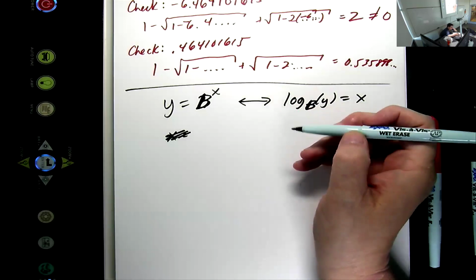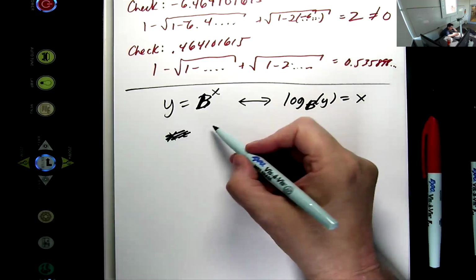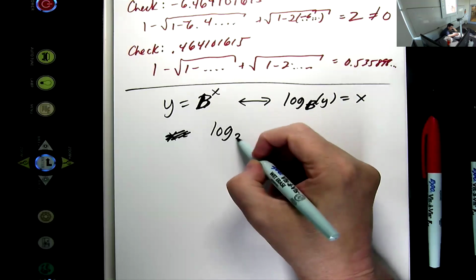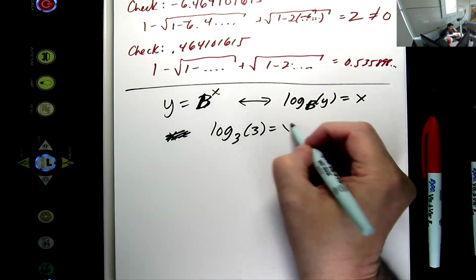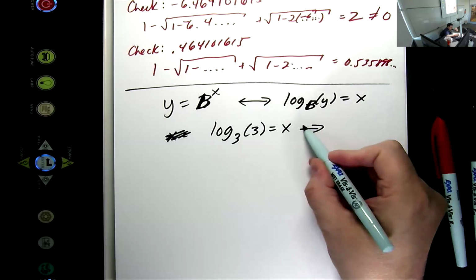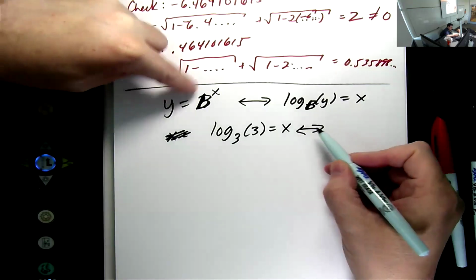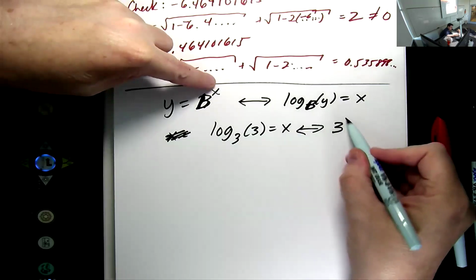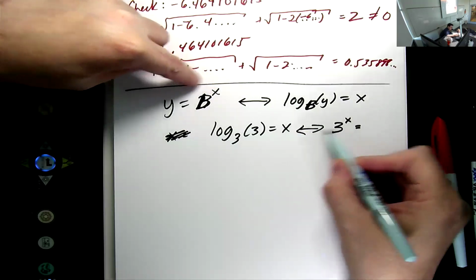So if we had something basic like log base 3 of 3 equals x, that's 1. That's because I can rewrite this in this form. B is 3, the exponent is the x, and the y is the other side.